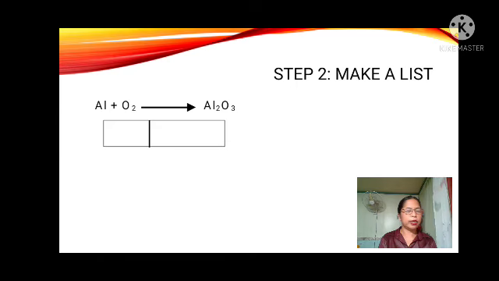So we have to make a list of all the elements on each side under the equation. On the reactant side, we have aluminum. On the product side, we also have aluminum. Oxygen for the reactant and oxygen for the product. So this is our list of elements provided.